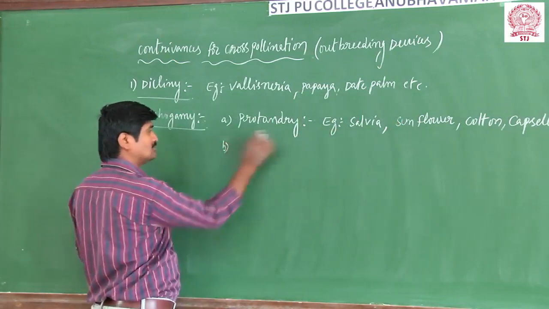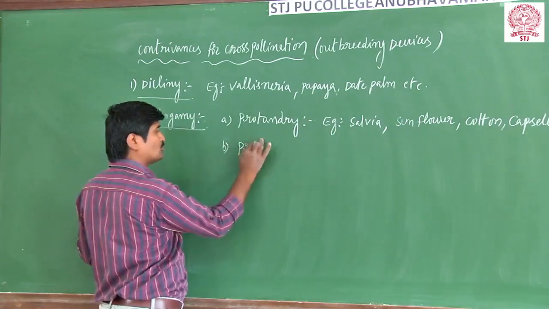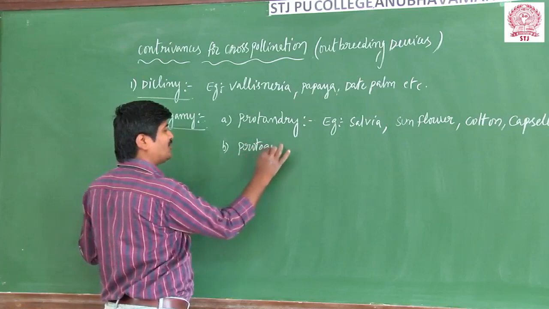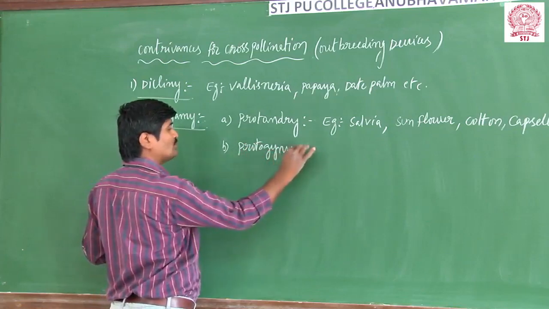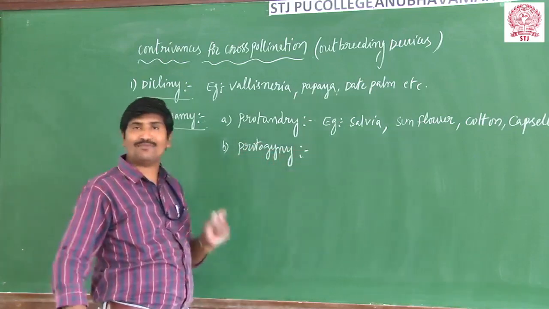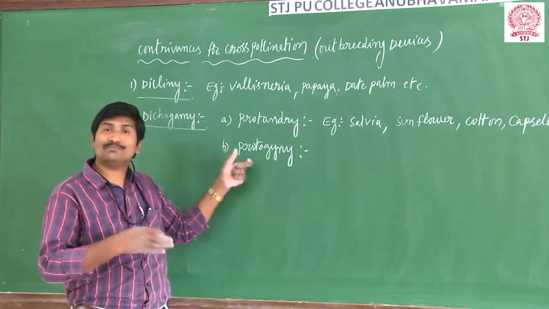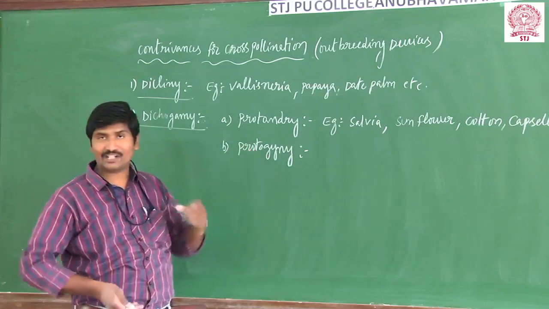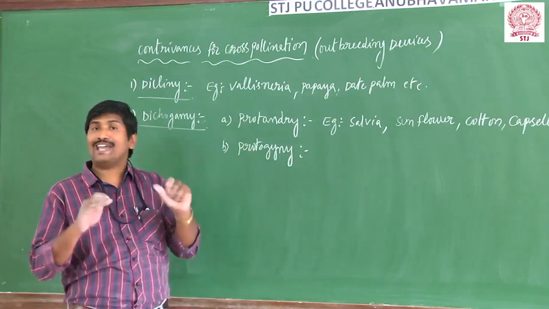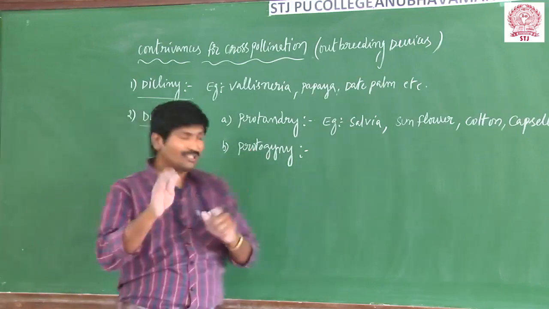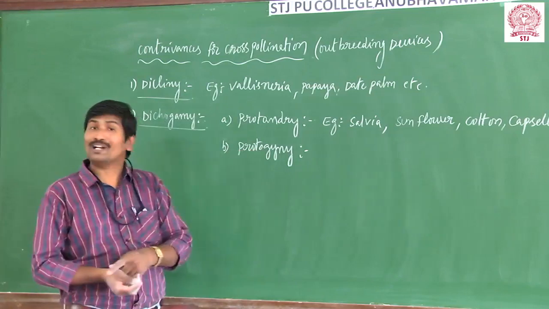Second one, protogyny. Pro means first, gyne means gynoecium. Here which one is mature first? The gynoecium. The gynoecium is mature earlier than androecium, that is known as protogyny. It is a rare condition.